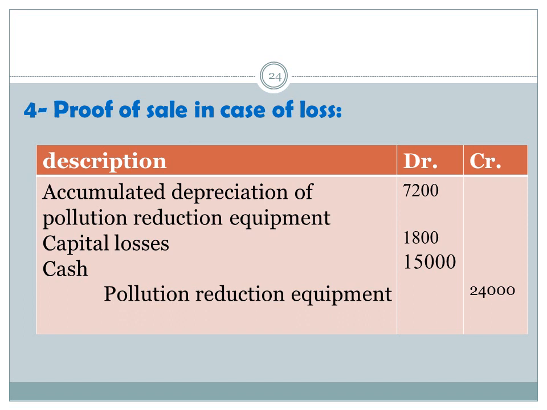In the credit side, pollution reduction equipment 24,000 historical cost. 3 accounts will be in the debit side: accumulated depreciation, capital losses, and cash with the amount of sale.